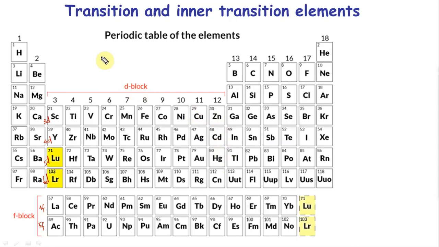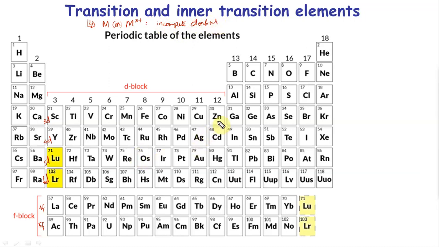Okay? Strictly speaking, according to IUPAC, transition elements, and also inner transition meaning within transition, are something where the metal or a metal cation has incomplete d orbital, okay, but not empty.